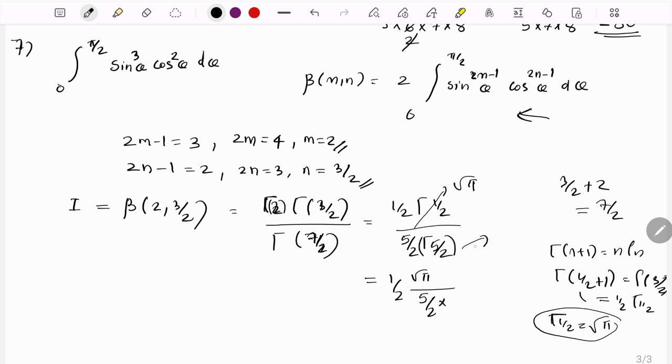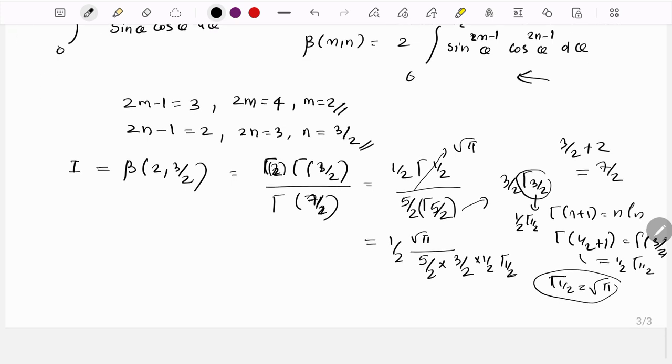Gamma of 5 by 2 is also written as 3 by 2 gamma of 3 by 2. That is 3 by 2 into gamma of 3 by 2, which also can be written as 1 by 2 gamma of 1 by 2.